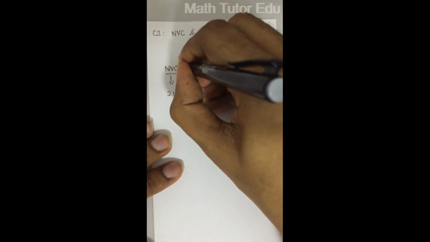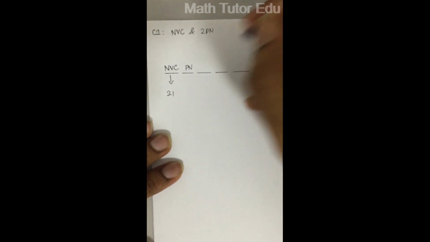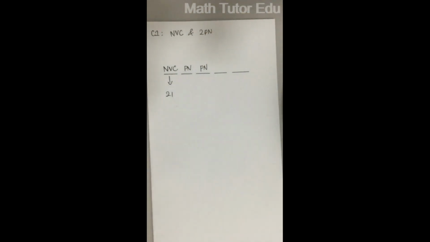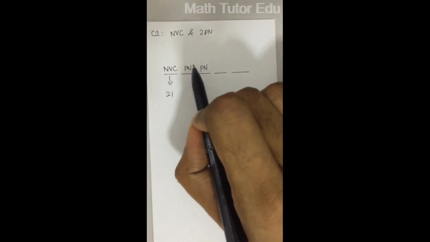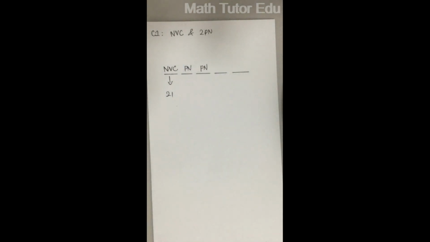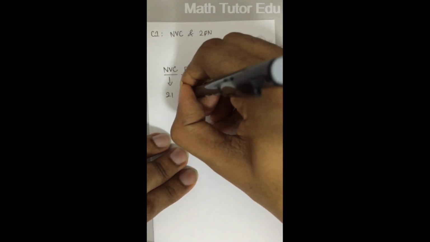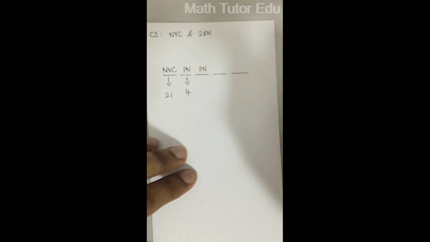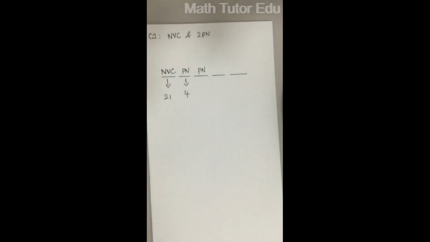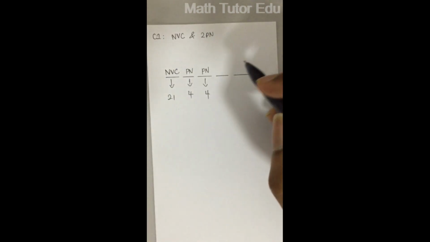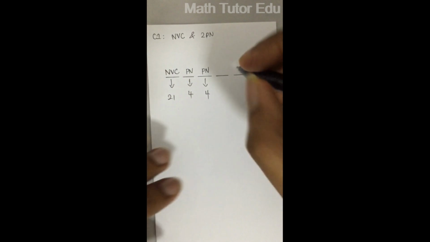So we're going to write here PN, short form for prime number, and also prime number over here. How many prime numbers do we have? 2, 3, 5, 7. So you have 4 outcomes. For the third character, how many outcomes can you place? Also the same, 4. From here, this is where the trick comes in, guys.